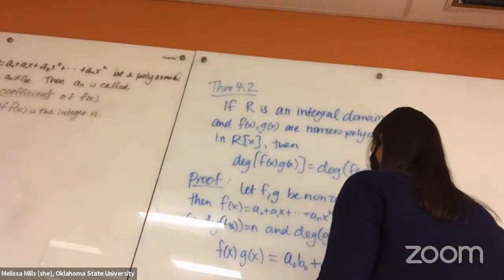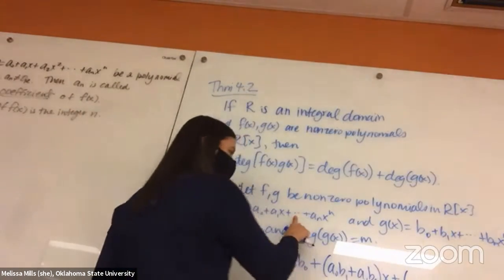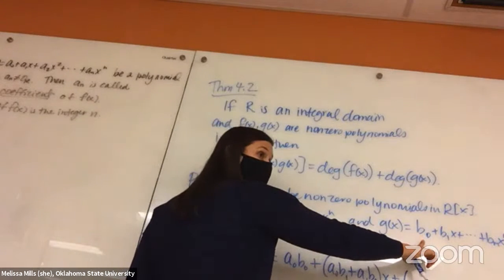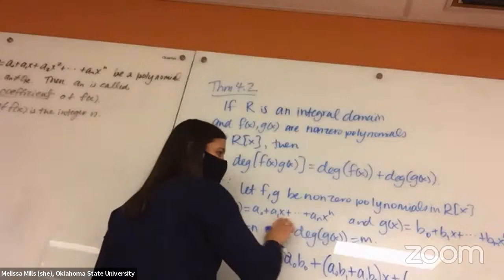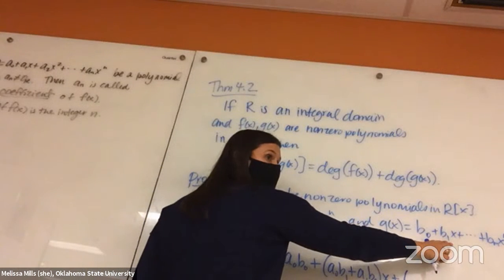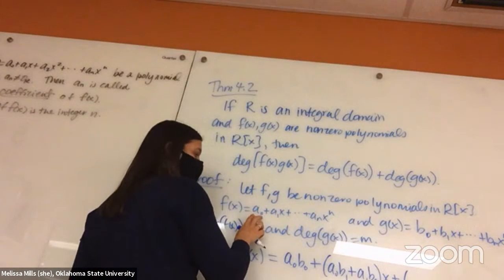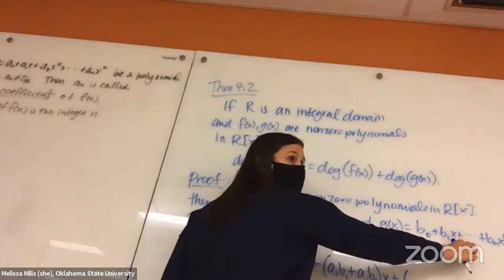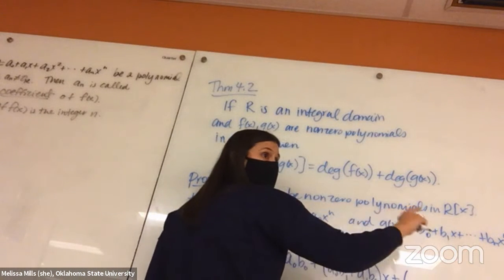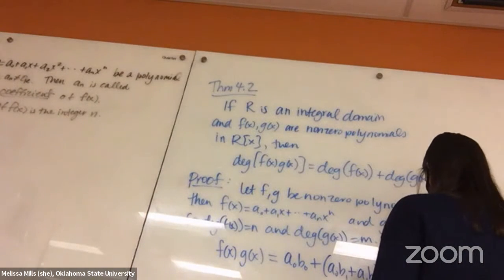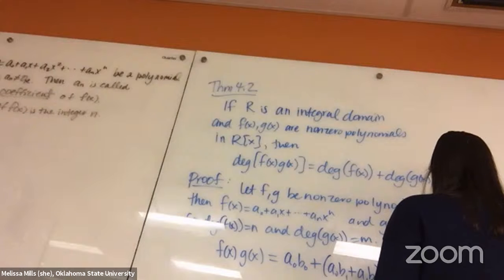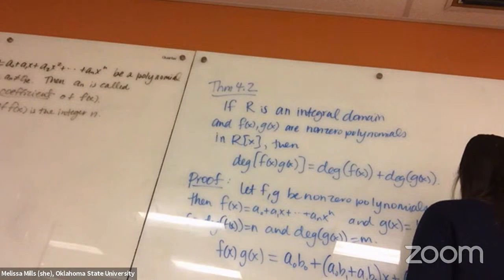So for my x squared terms, I'll get them when I multiply this x squared term by that constant, right? And I'll get them when I multiply this x term by that x term. And I'll get an x squared if I multiply this constant by that x squared term, right? So those are the three ways that I can get squared terms. So I'll have a naught b2 plus a1 b1 plus a2 b naught, times x squared.